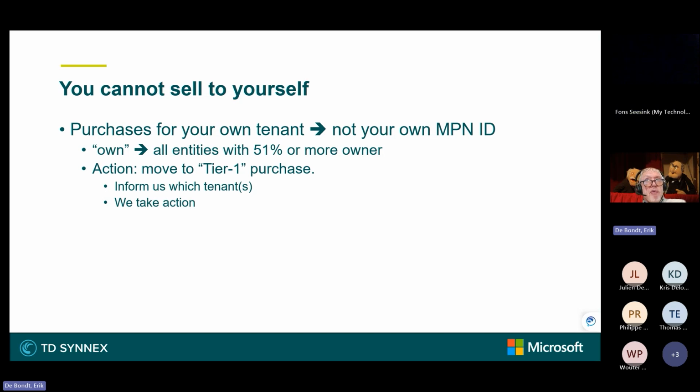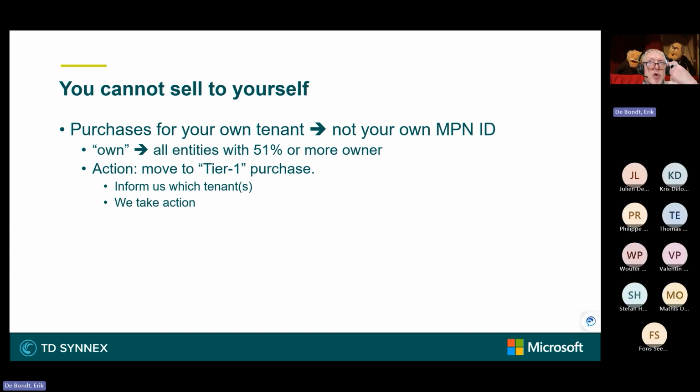How to do it? If you have your tenant or tenants, just drop us an email and say, this tenant is my own, and we do all the work to make it a tier 1 purchase. We change something in Stream1 Ion, and on the license subscriptions, we remove your MPN ID to say this is not bought as a reseller, this is bought as a customer.